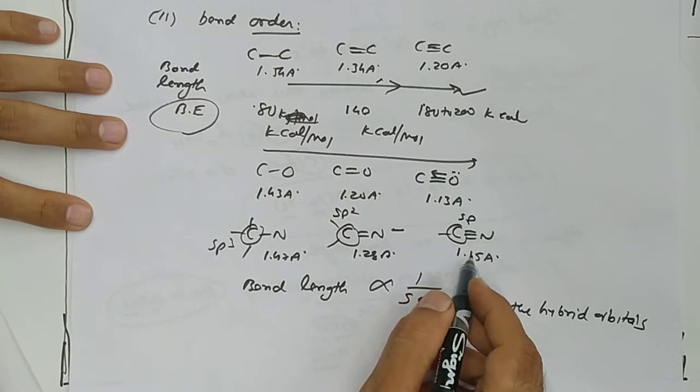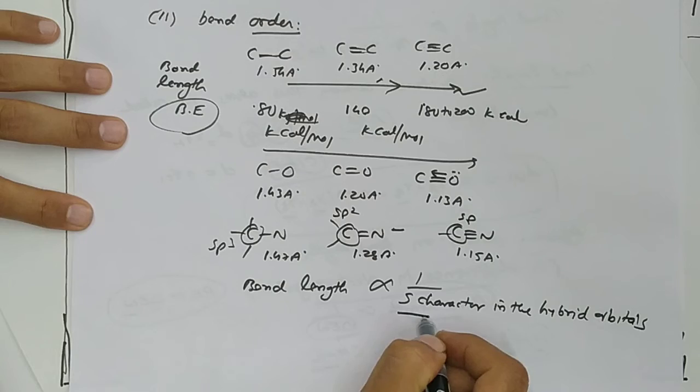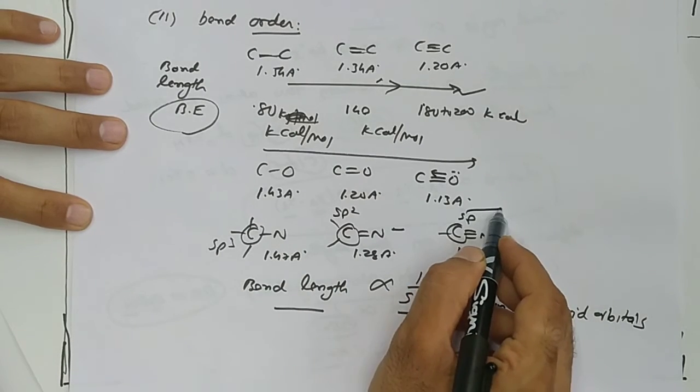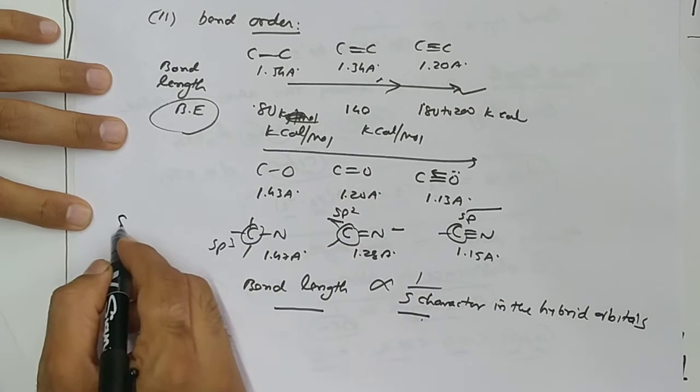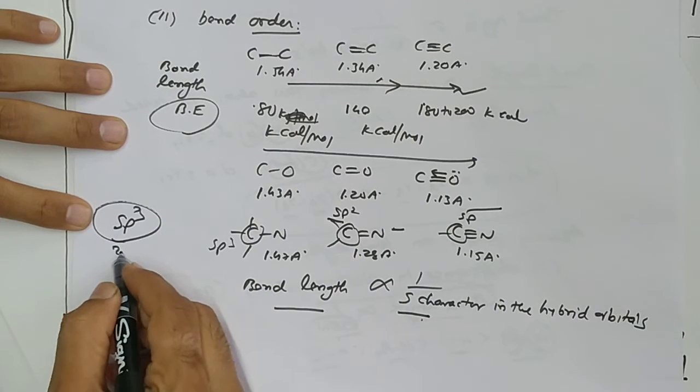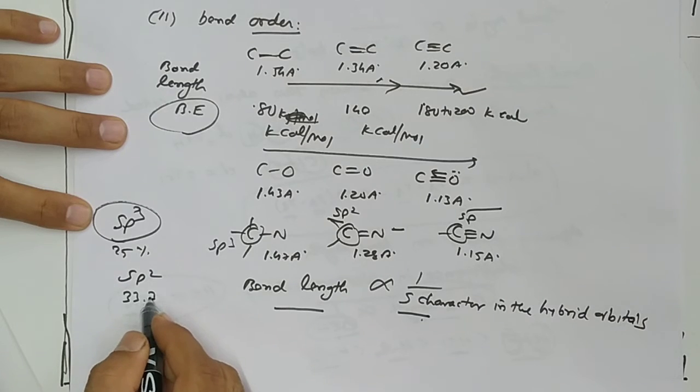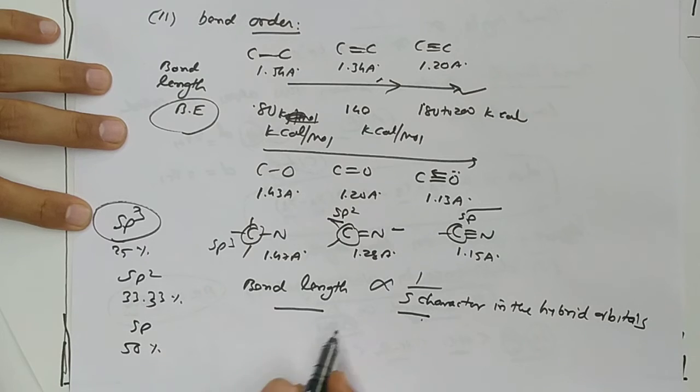As S character increases, bond length decreases. S character here is 50%. In sp3 S character is 25%, in sp2 33.33%, in sp 50%. S character increases, so bond length decreases. Is it clear?